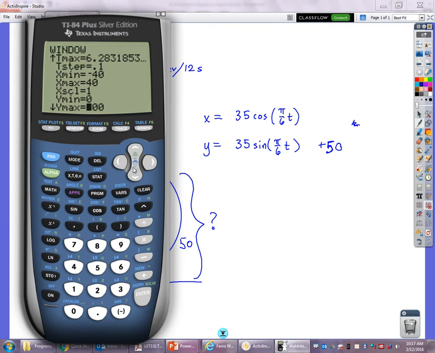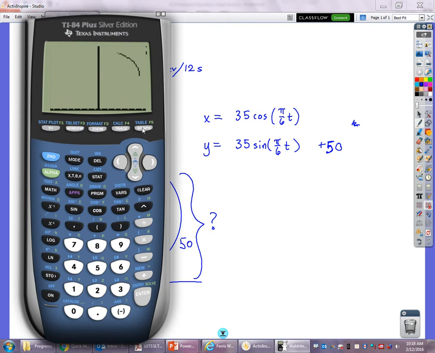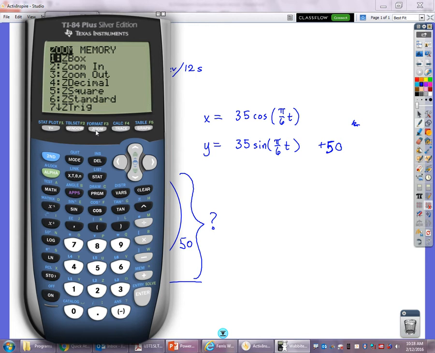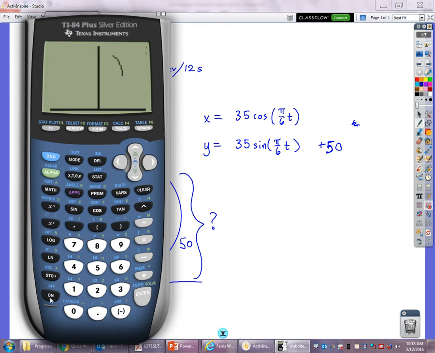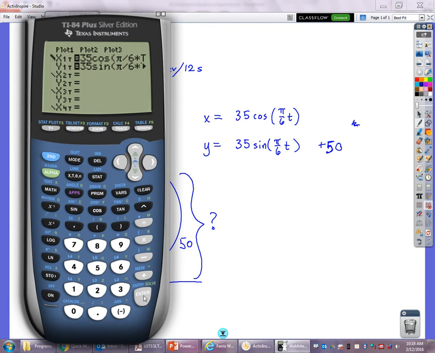And how high do we ever get? 50 plus 35 will be 85, so let's have about 90. Okay. Are we ready to see this happen? Let's also zoom square. And let's also change this to have a little ball, because I like the ball.